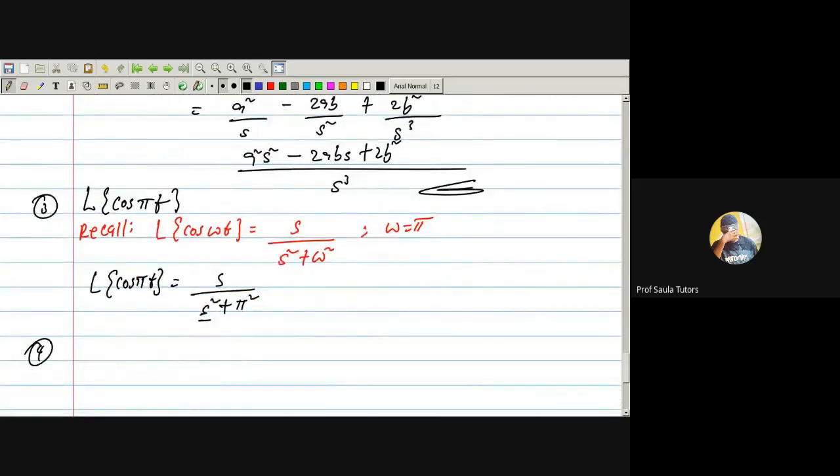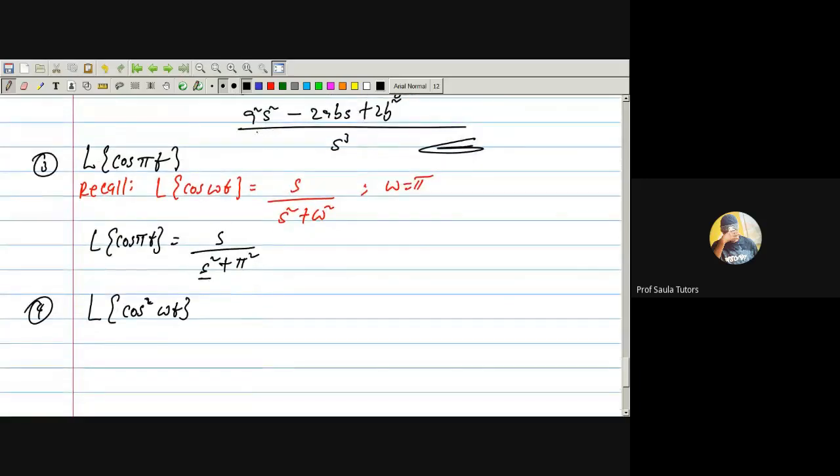Number 4, you have Laplace of cos squared omega t. Now, looking at this, you observe that we don't have any identity for powers of sine or cos. But this is how you are going to tackle it.